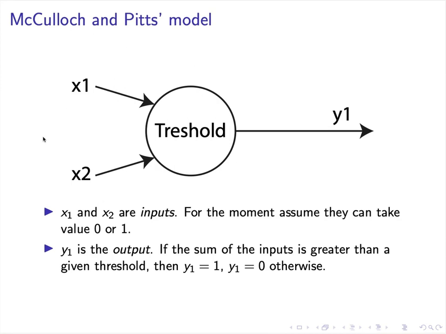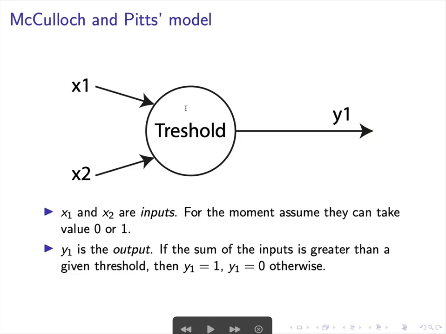It could take two inputs. So let's say that we are receiving something from other neurons here, connected in X1 and X2. And Y1 is the output. So once we collect these two inputs, we will see how, we then give an output, Y1.